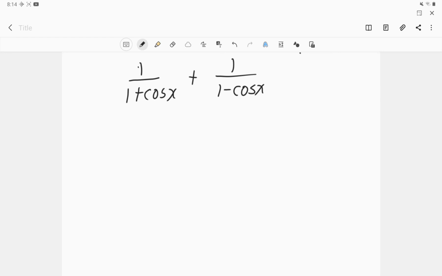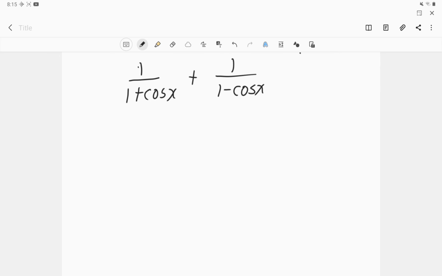There's no equal sign, so you're not proving one side is equal to another side. What you are going to try and do is get this to look a whole lot simpler than it looks now. How am I going to do that?